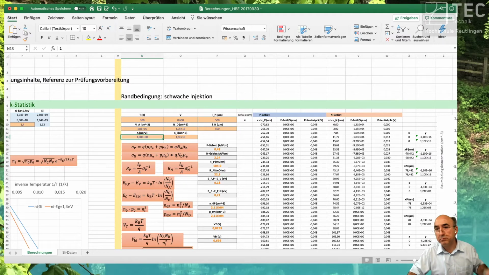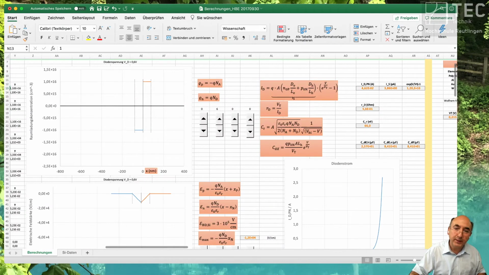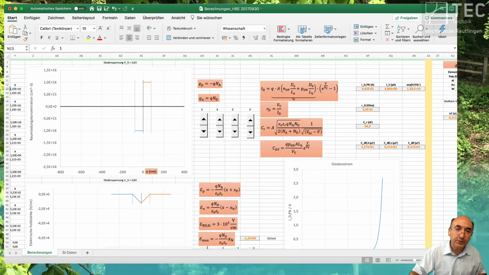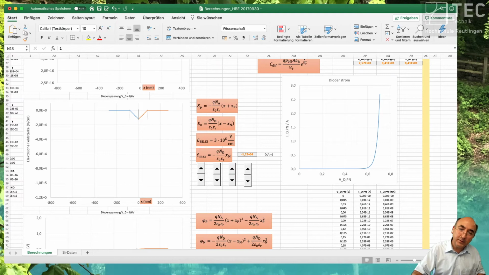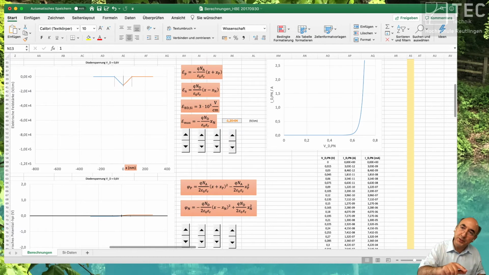And the resulting current, as a function of the voltage, is this curve, what you know from real measurements. But it is completely calculated in the spreadsheet based on mobility, lifetime, doping concentration, on all these equations we have learned up to now.